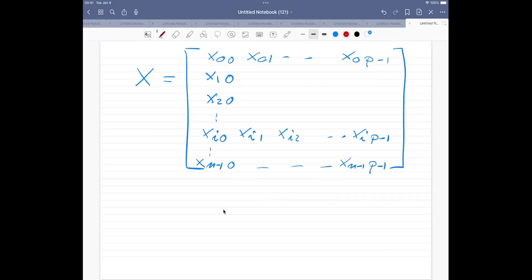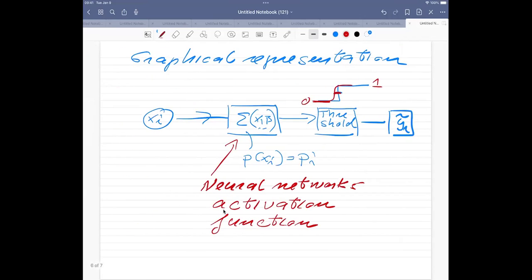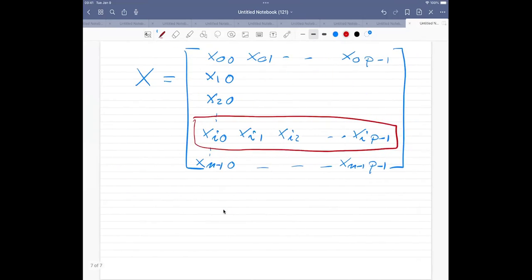So if we now look at one of these rows, sorry, and we want to express this graphically, then I have to modify the graph which I made in the previous whiteboard here. So instead of one, I will have many more. So what you would have then would be an input which looks as follows. So let me just bring this back again when everybody's been done with writing here.